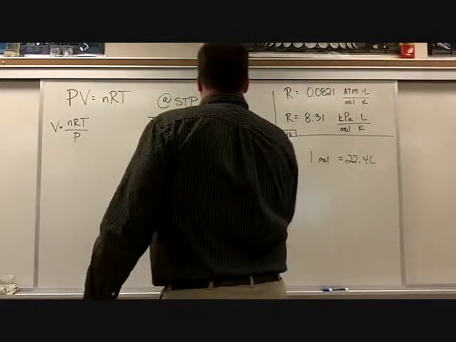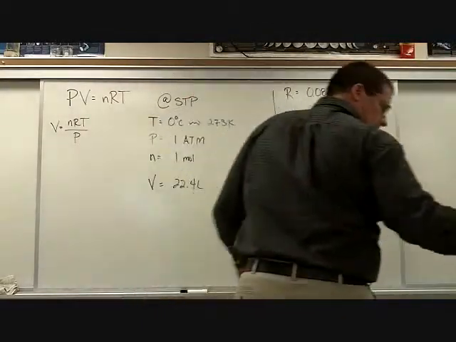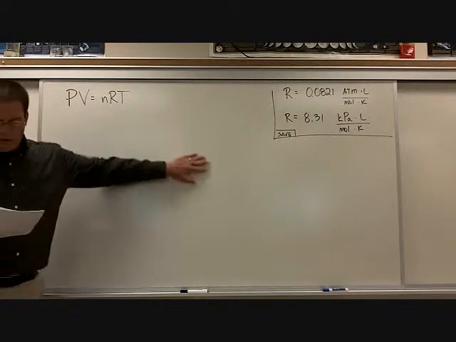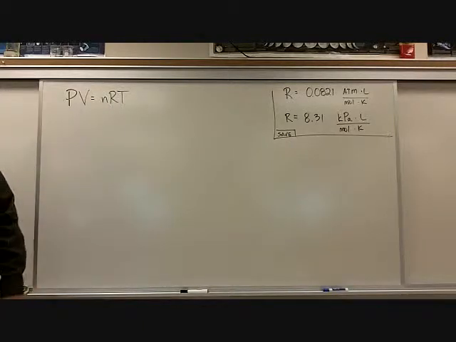So let's take a look at the first example. Page 16, practice problem number 1, near the middle of the page. It says, how many grams of carbon dioxide gas forms within a 400 liter container at STP?